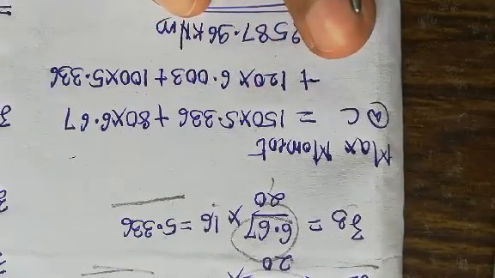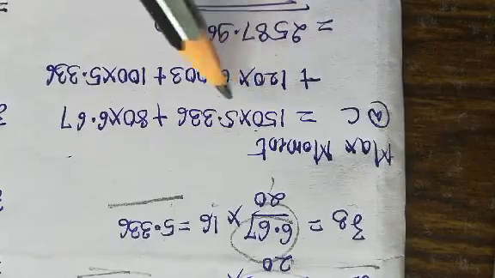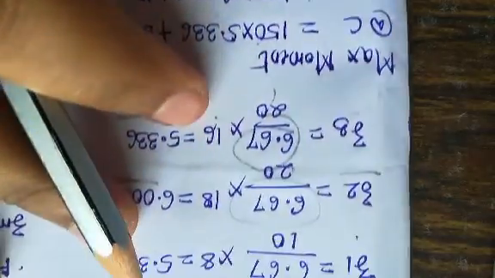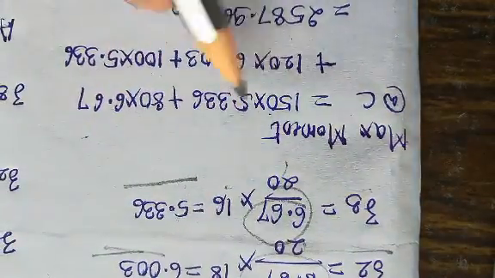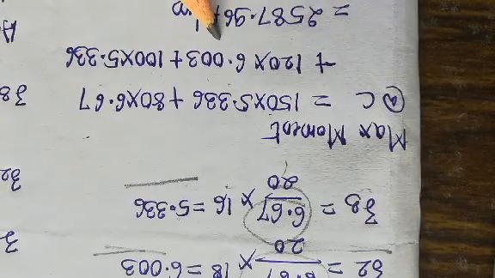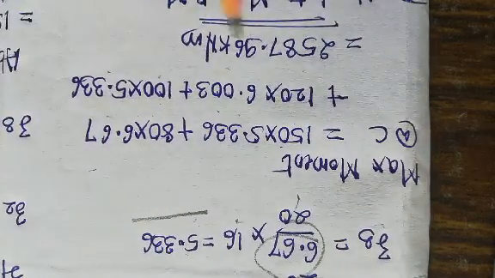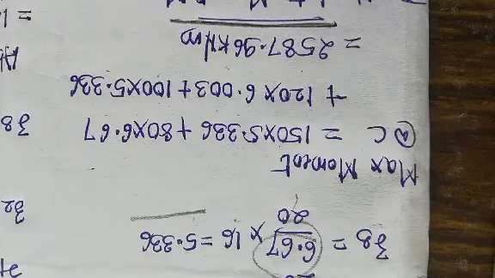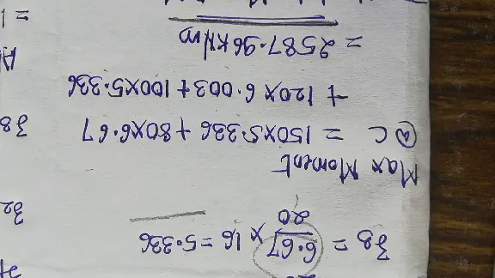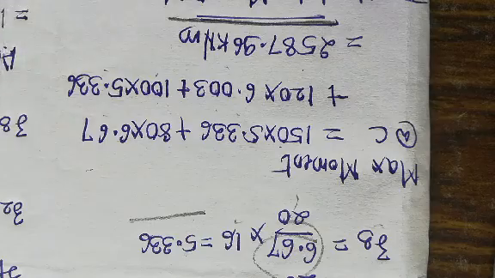Now the maximum moment at C is load multiplied by the ordinate: 150 into Z1, 80 into ZC, 120 into Z2, and 100 into Z3. I have got the answer as 2587.96 kilonewton meter.